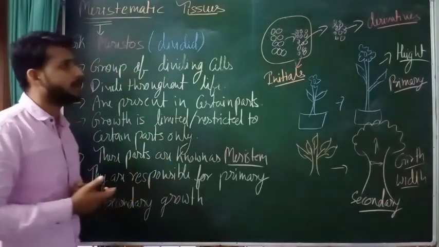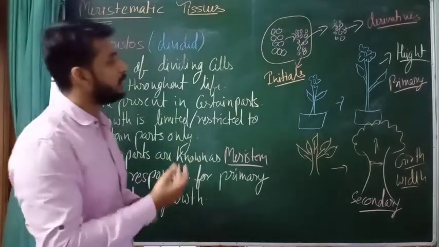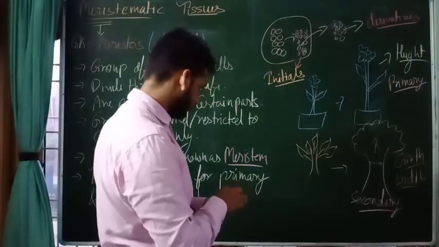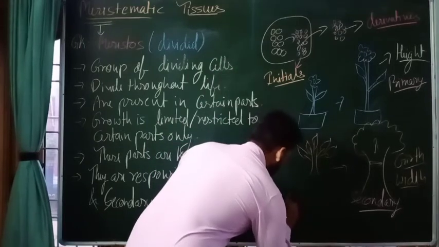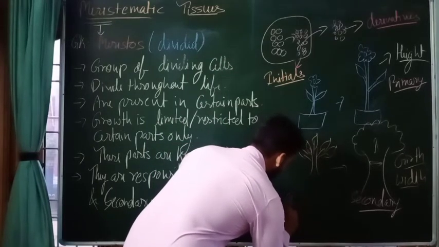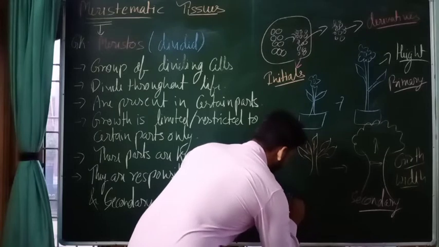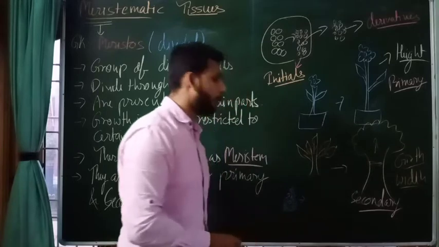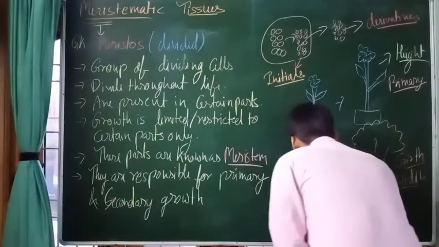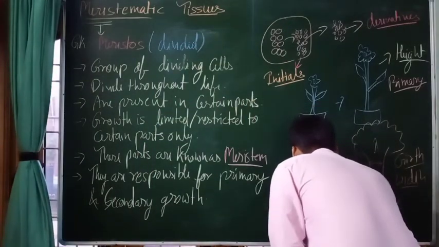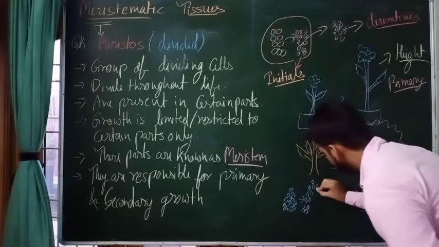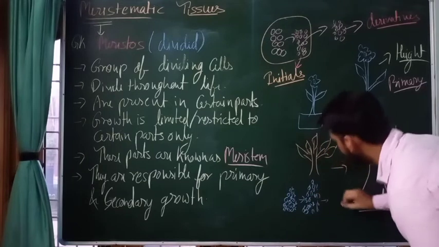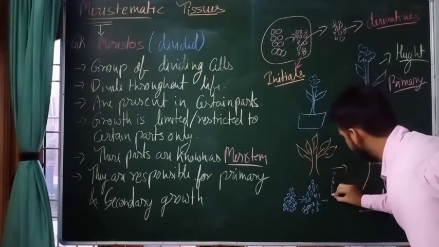So I hope with this it is clear to you. So here, how the size increases. Like, these are the cells, or a group of cells, and this group of cells further divides, and you can see here, with that the height is also increasing and the width is also increasing, right?